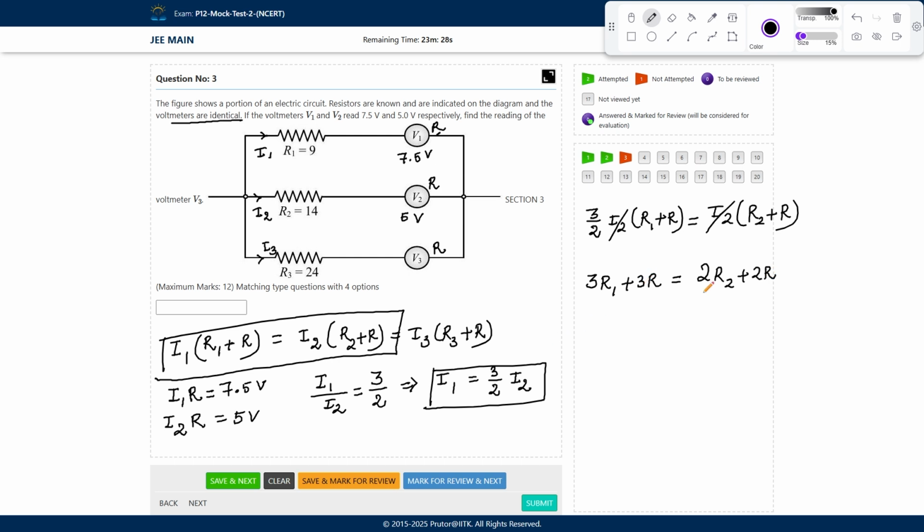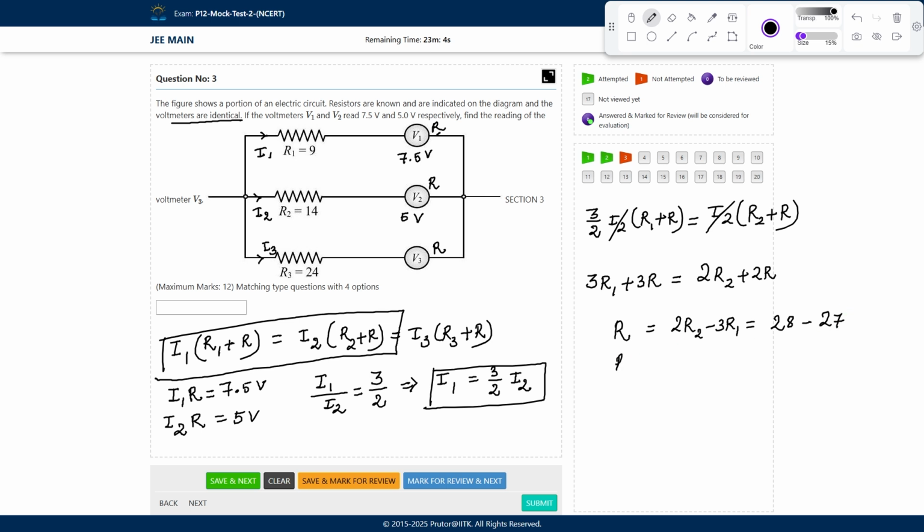So 2R will get subtracted from this 3R. It will become R. And 3R1 will go there. So R equals 2R2 minus 3R1. R2 is given, which is 14. So 14 into 2, 28, minus 3R1. R1 is given 9. So 3 into 9, 27.